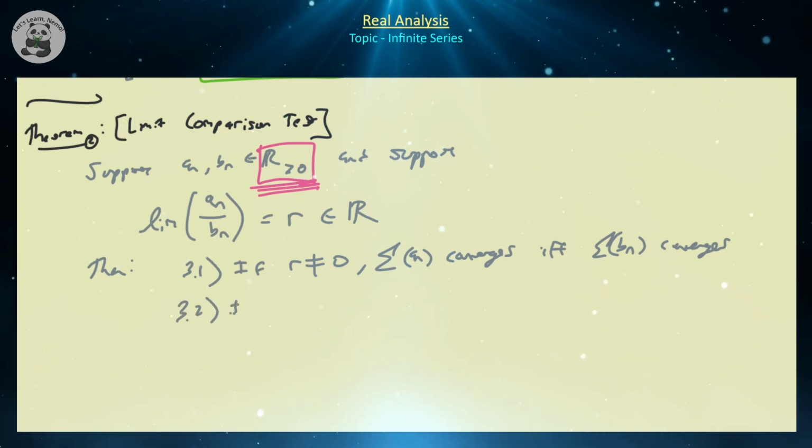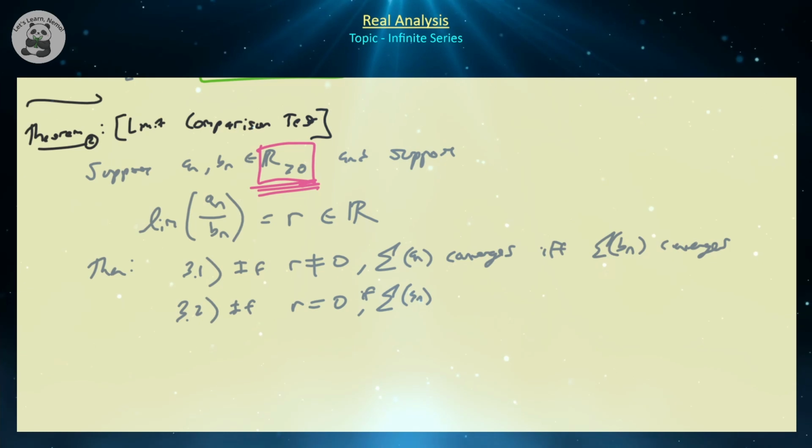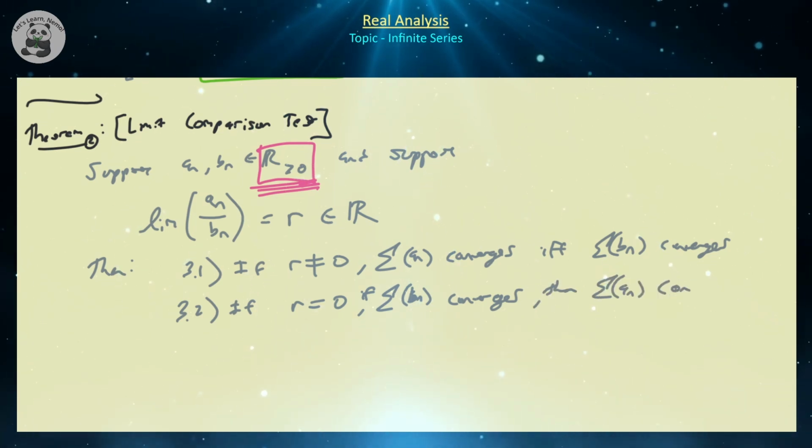And if r is equal to 0, then if the series bn converges, and notice I'm focusing on bn, the bottom here, then the series an will also converge as well. So if the bottom converges, then the top converges in the r equals 0 case.